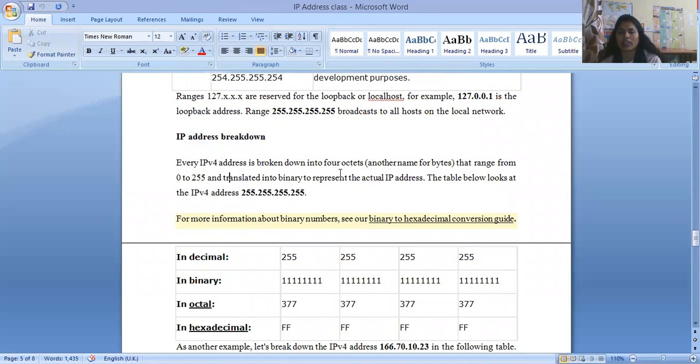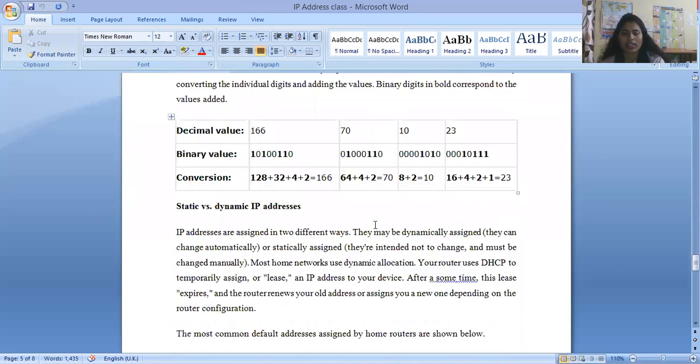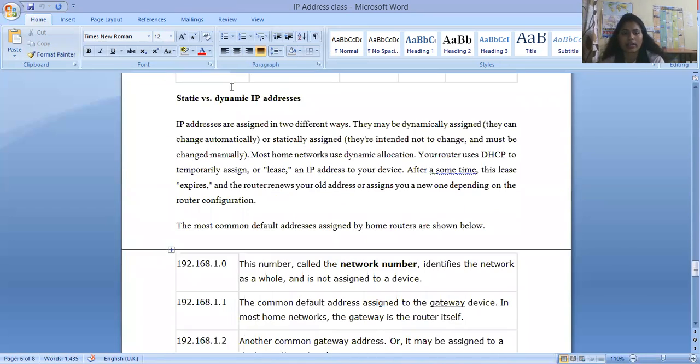Every IP address breaks into four octets, which I have already discussed with you. Each octet contains 8 bits. So this is an example of that. Static and dynamic IP addresses are assigned in different ways.